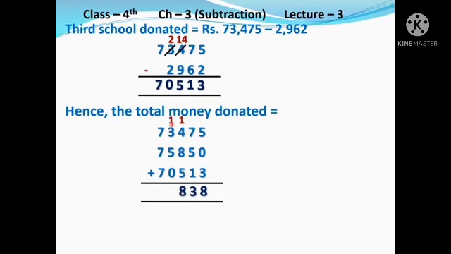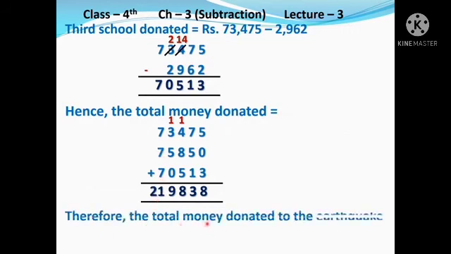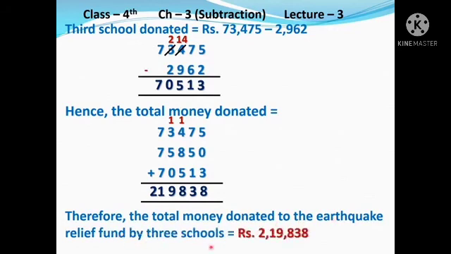Write 8 here and 1 carry. 1 plus 3, 4 plus 5, 9. Plus 0, 9. Write 9 here. 7 plus 7, 14. 14 plus 7, 21. Write 21 here. Therefore, the total money donated to the Earthquake Relief Fund by 3 schools equal to rupees 2,19,838. Clear?